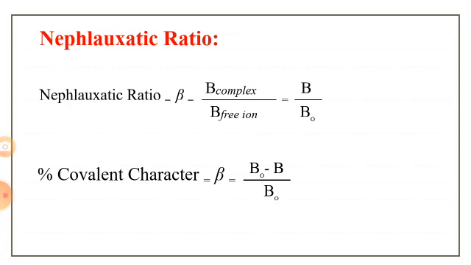Sorry, there is a correction: we have to correct this formula. B naught minus B divided by B naught, into 100, is the percentage covalent character. So by using these formulas we can calculate the Nephelauxetic ratio beta and the percentage covalent character. Okay, thank you.